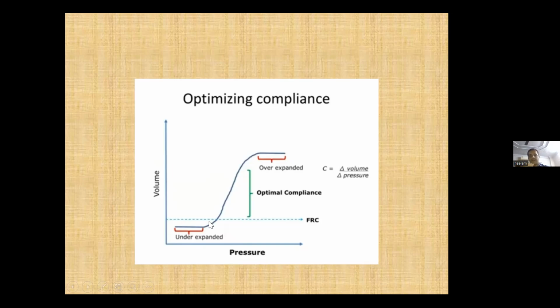Ultimately the whole purpose of intubating and ventilating the child is defeated. What we want is to ventilate in the zone of optimal compliance, where with a little bit of change in pressure, you are able to achieve a significant change in volume. So we have to always try and ventilate our patients in this zone.